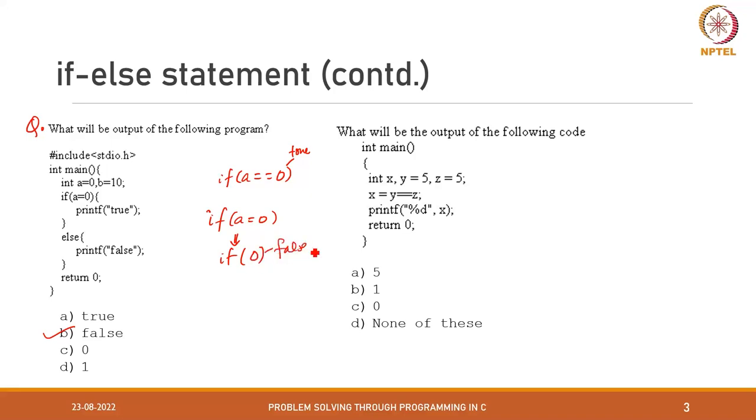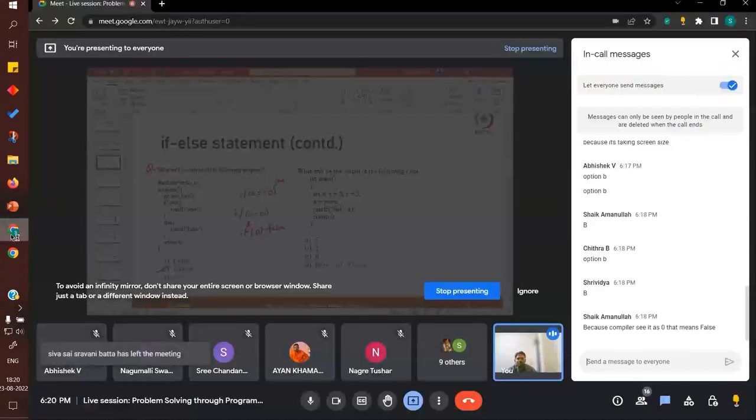0 means it's false, right? Any other value apart from 0, whether positive or negative, it would have been true. But because it's 0, it is false. Now as it is false, it will go to the else part. It will not print this part, it will print the else part, hence it will print false. So quite a few number of you got this right. Yes, because the compiler sees it as 0, that means it is false.